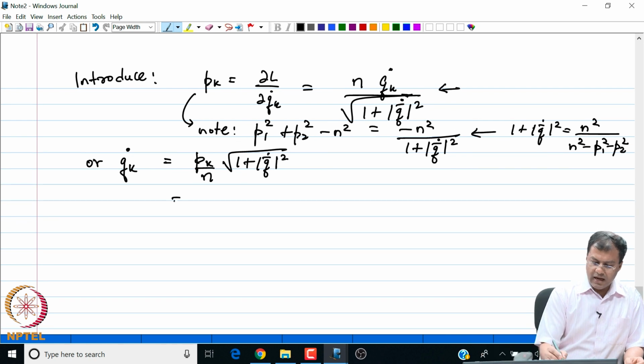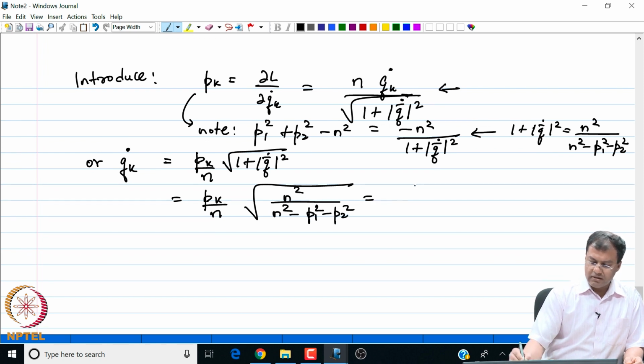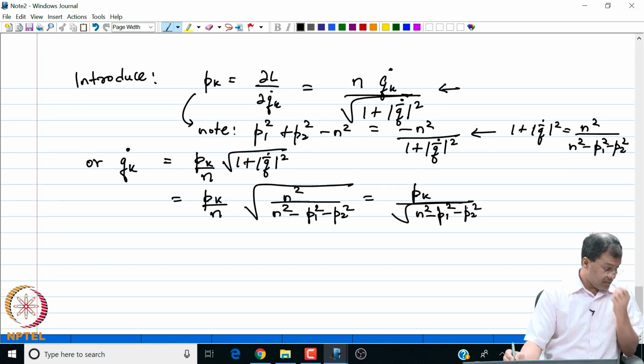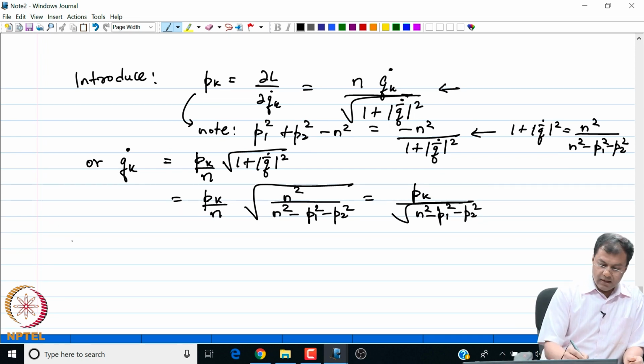So this is also equal to pk by n times the square root of n square by n square minus p1 square minus p2 square, which is also equal to pk by the square root of n square minus p1 square minus p2 square. Okay.